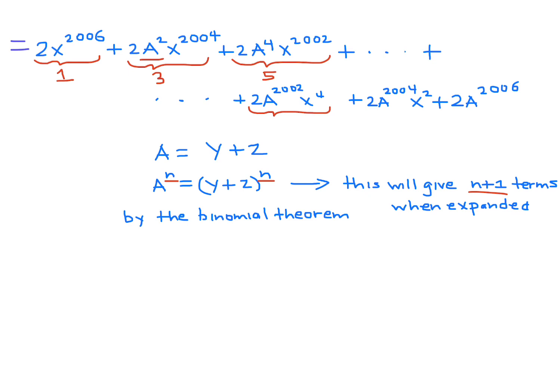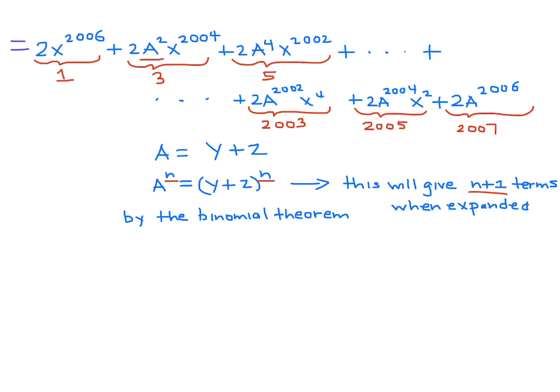When we get to here, it's a to the 2002, so that gives me 2003 terms when expanded. This gives me 2005 terms when expanded. And finally, that gives me 2007 terms when expanded. And our job in this question is to figure out the total number of terms.